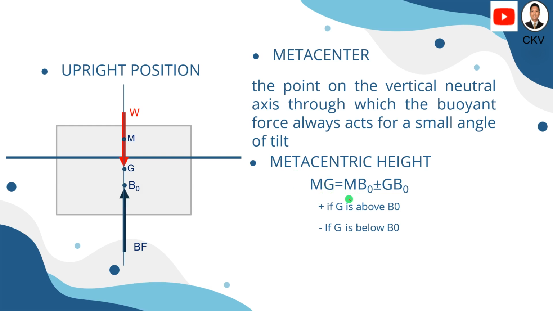So the metacentric height is MG, or the distance from that metacenter to the center of gravity of the body. So the metacentric height is equal to MBO, or the distance from the metacenter to the center of buoyancy, plus or minus GBO, or the distance between the center of gravity of the body and the center of buoyancy.